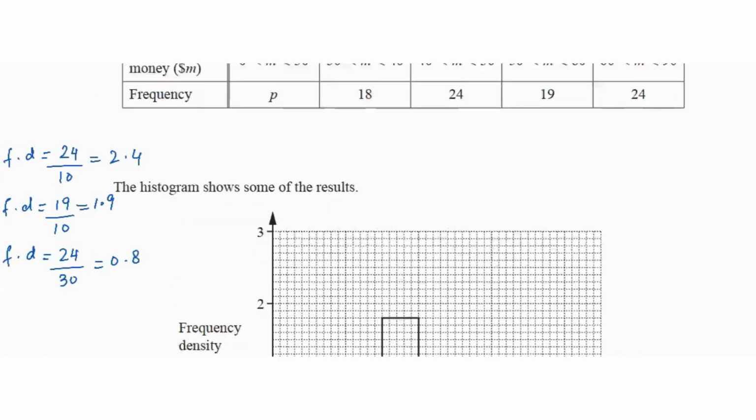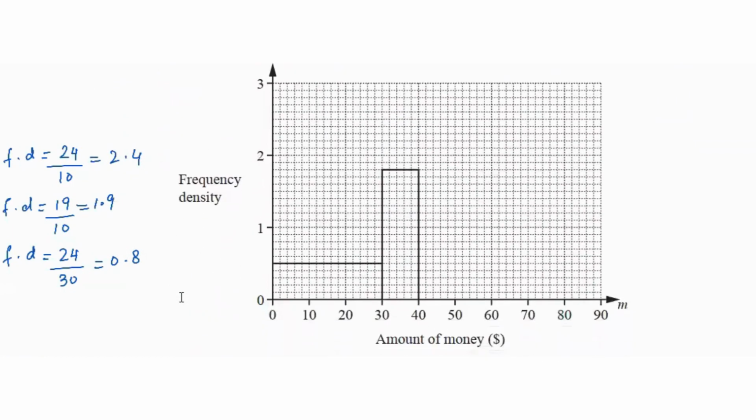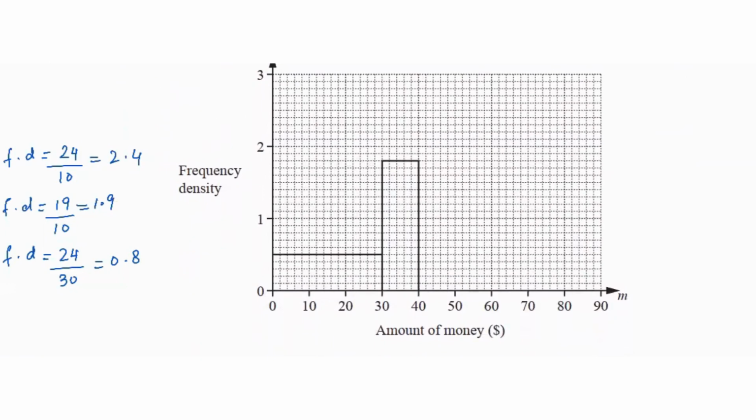So we're going to mark these over here. So for 2.4, that's going to be 1, 2, 3, 4. Just going to draw a line over here first. So that's from 40 to 50. This is 2.4.